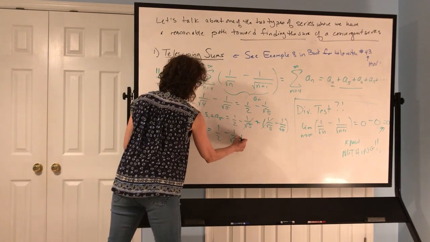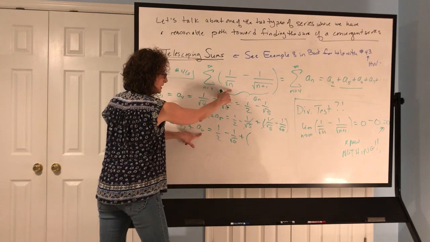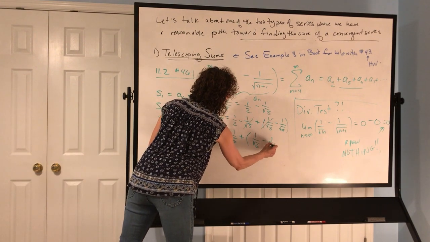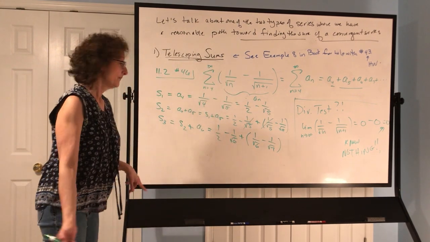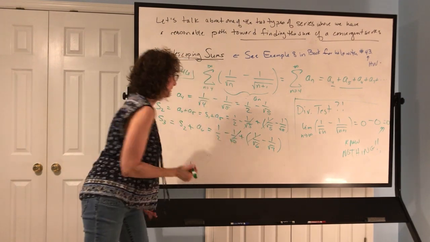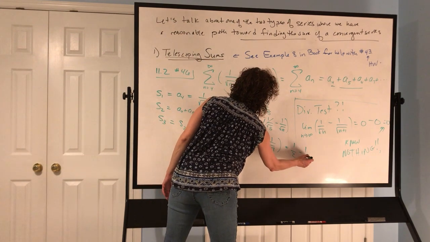Then we add A6, plugging in a 6 everywhere you see an n: 1 over root 6 minus 1 over root 7. Beautiful, these cancel. What am I left with? 1/2 minus 1 over root 7.